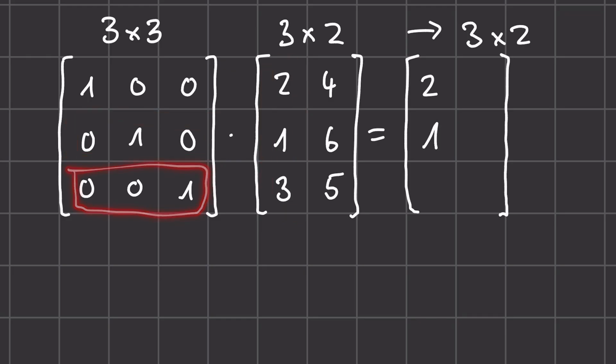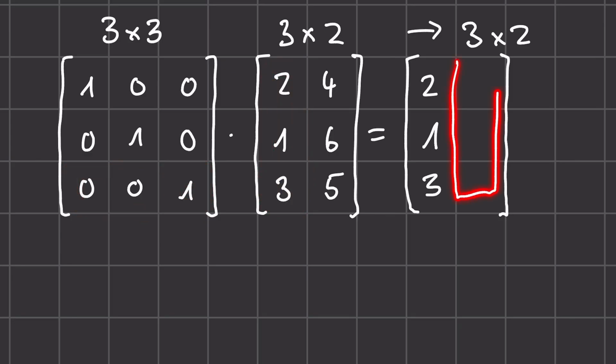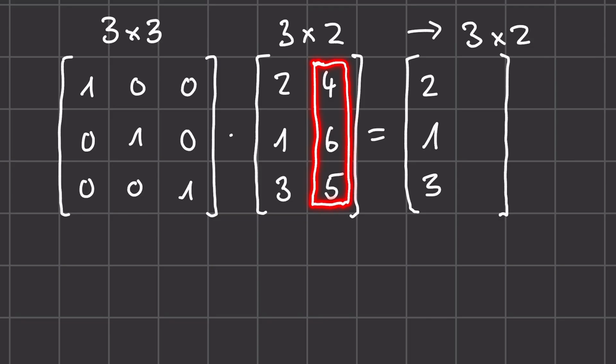Then third row, this 1 multiplied with this 3. And then once we're moving to the second column, it means that we're multiplying by the second column of the right-hand matrix. So again, multiplying yields us 4, 6, 5. I did this a bit faster because the pattern is the same anyways.